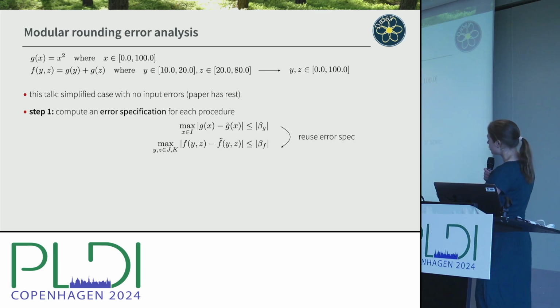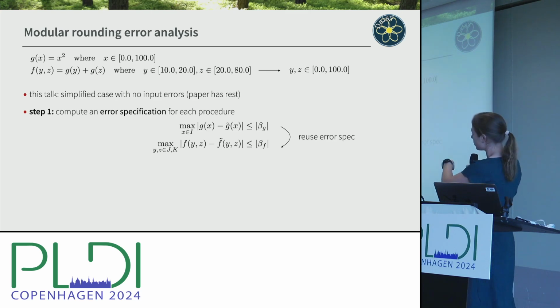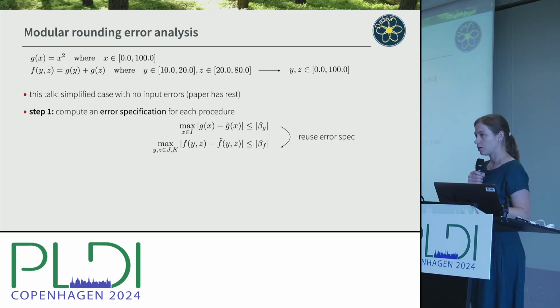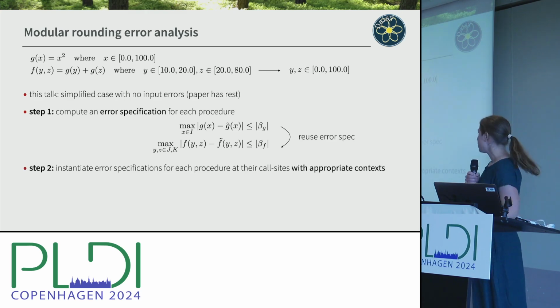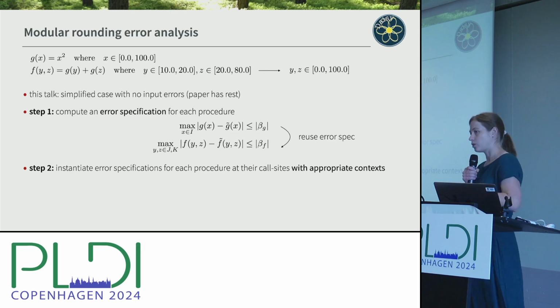And then what we want to do is reuse that error specification of g when we compute the error of f, so that we don't have to inline the full function. So once we have computed these error specs, then in the second step we will instantiate them with the appropriate context and actually compute the error bounds.